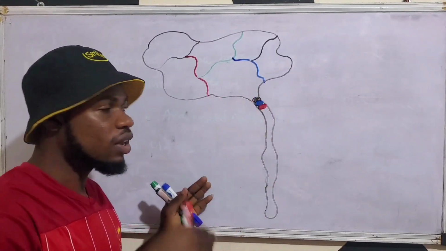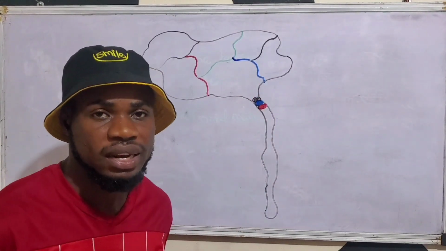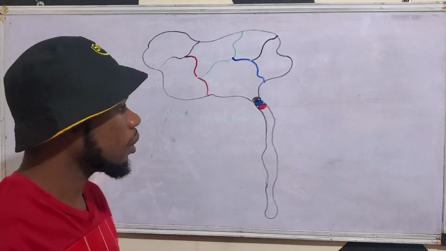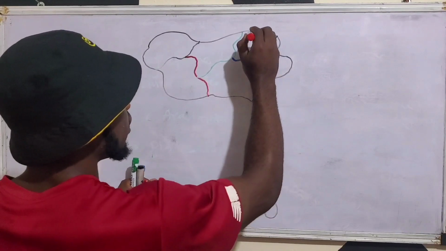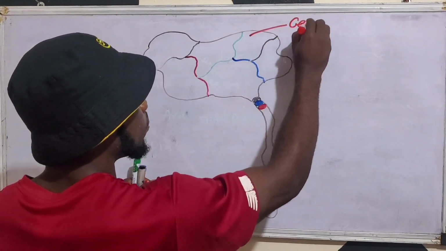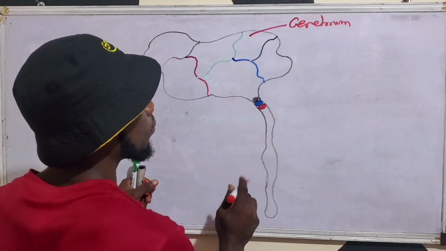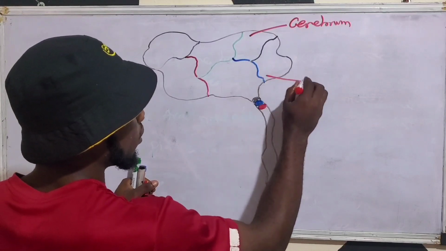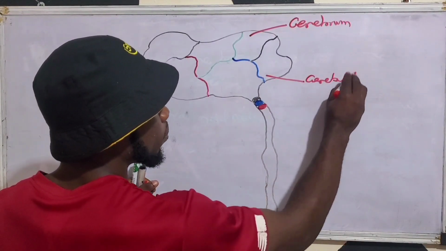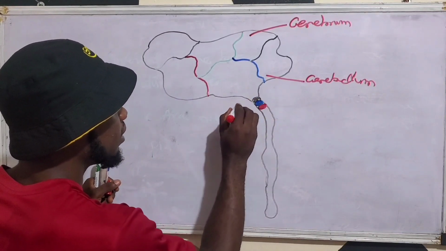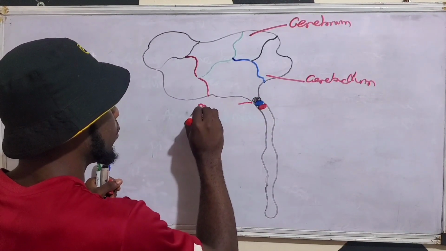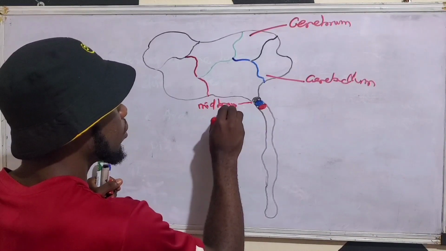The spinal cord passes into the vertebral canal through the foramen magnum. Now, here is the cerebrum. Then at the base here, the cerebellum. Now, this guy here is the midbrain.